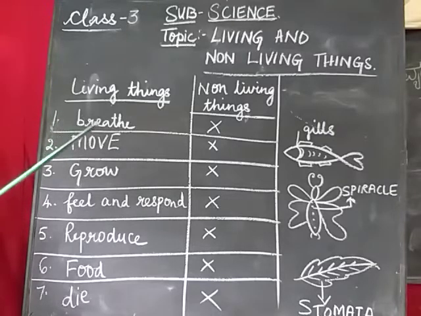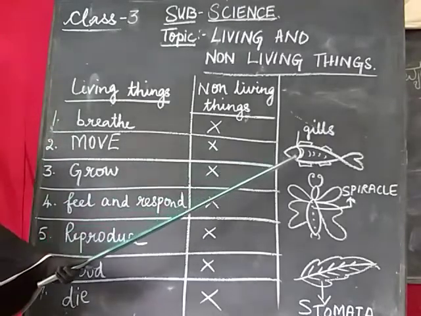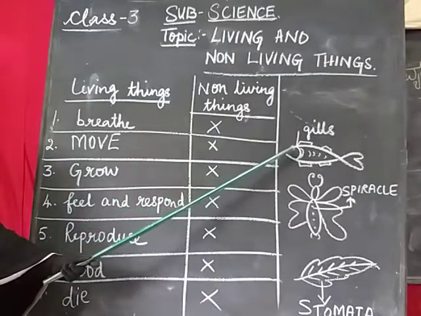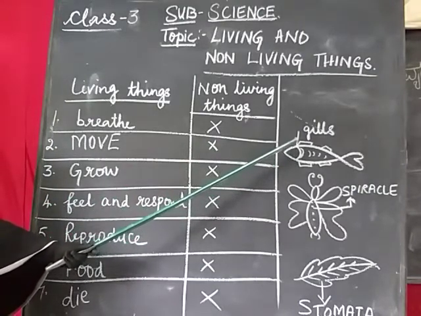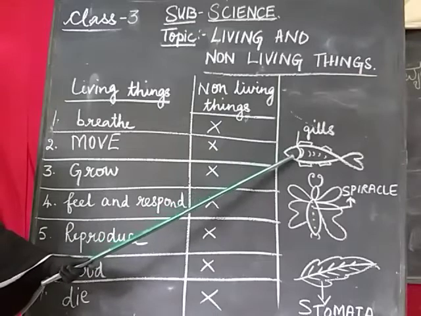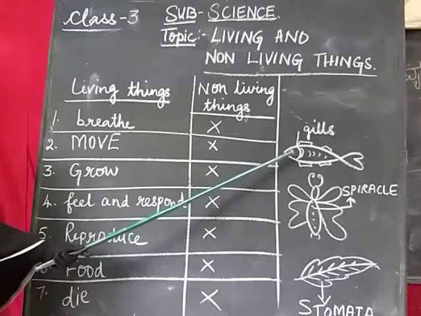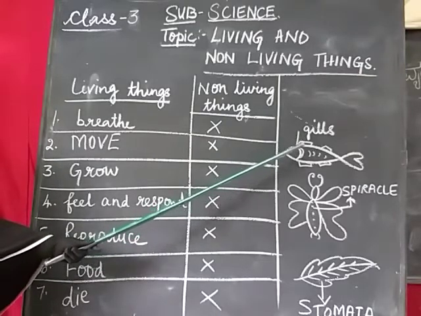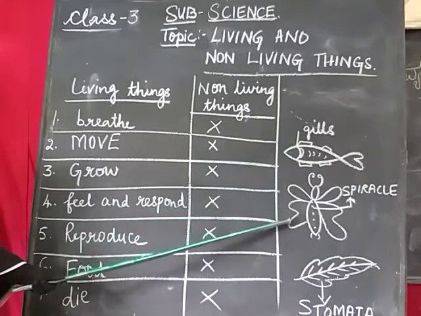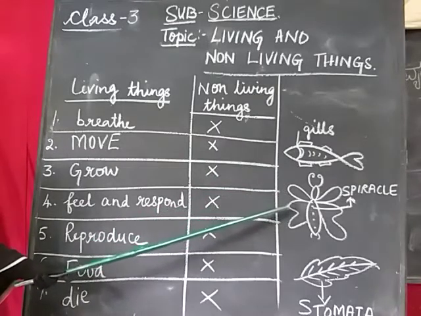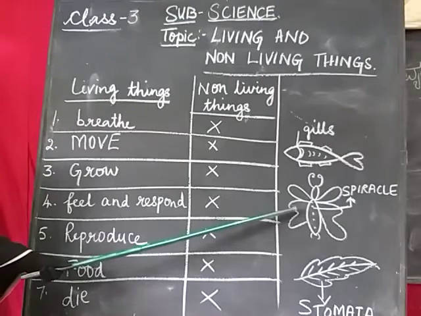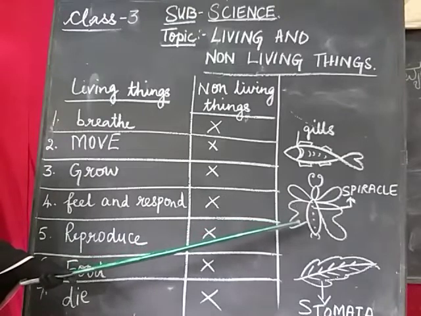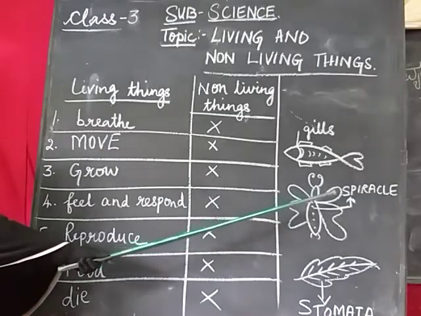Even animals like fish also breathe, but not through the nose but through a special feature like gills. So fish breathe with gills. Then we have insects. Insects breathe with the help of small holes on their body which are known as spiracles.